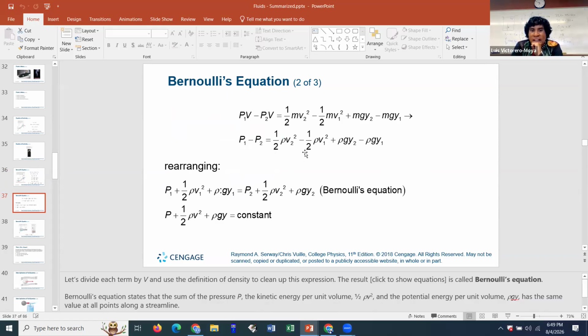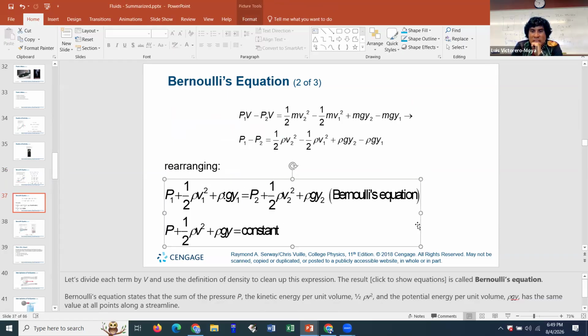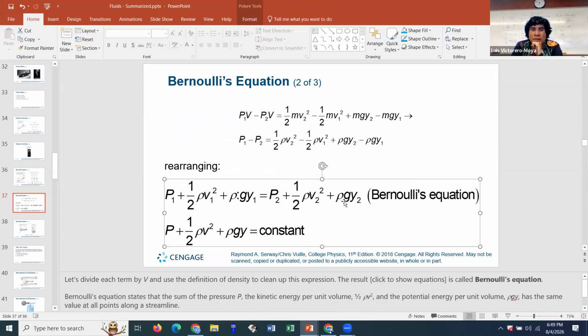You can rearrange this equation: P1 plus 1/2 rho V1 squared plus rho g y1 equals P2 plus 1/2 rho V2 squared plus rho g y2.